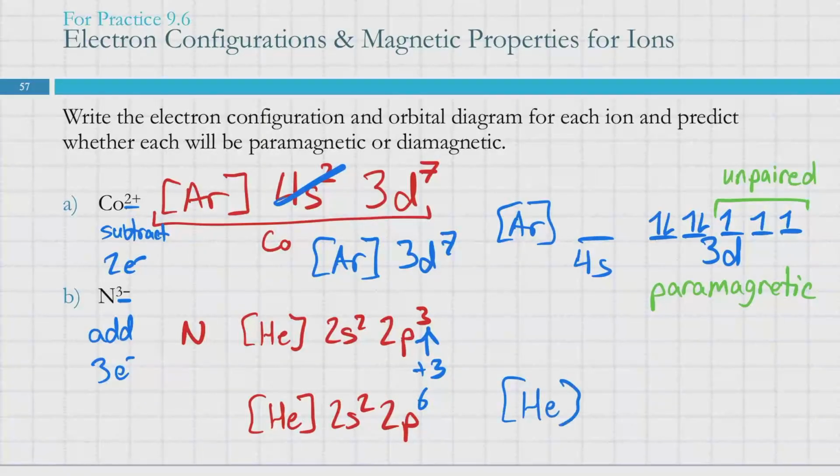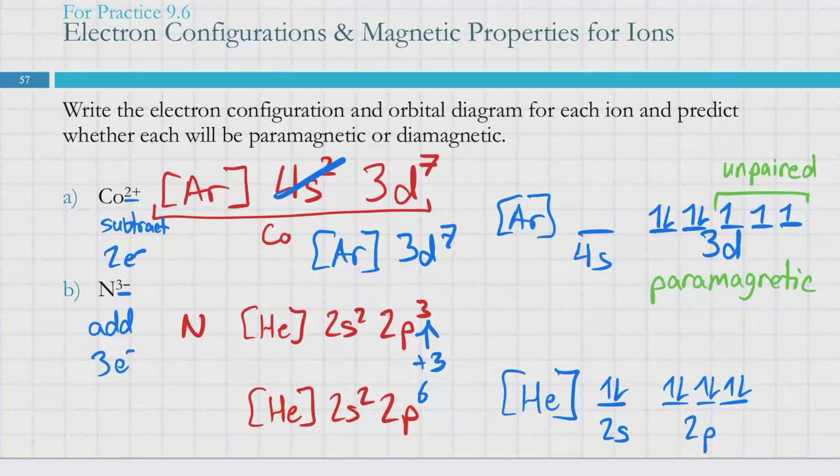And then doing our electron configuration, we've got 2s, we've got 2p, and they're all full.